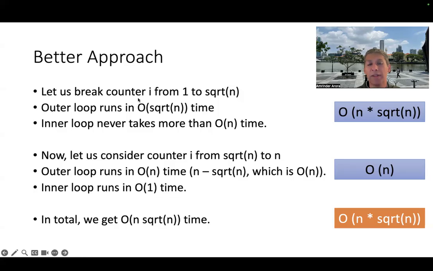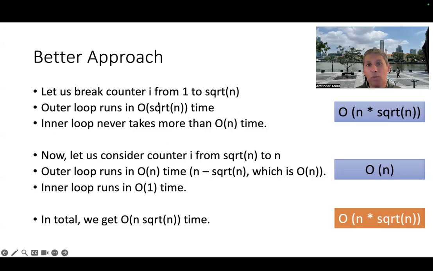But the first part here is i going from 1 to square root of n. The outer loop will then run square root of n times because it's going from 1 to square root of n. The inner loop never takes more than big O of n time anyway. So that leads to order n times square root of n for this part.